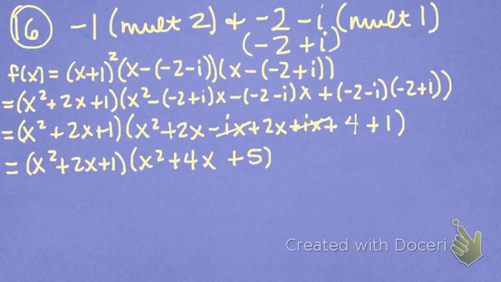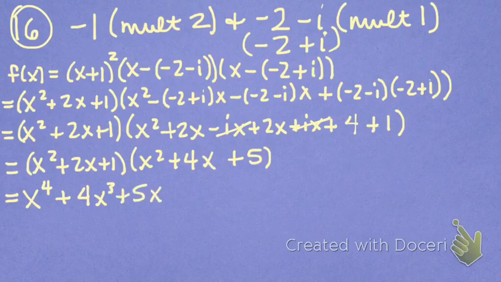I hope you guys are seeing the pattern here, how we keep having the missing ix terms, they get taken out there on that step, because that should happen every time. And then we just distribute from good old Algebra 1 days. x squared distributes across to the second trinomial and gives us x to the 4th plus 4x cubed plus 5x squared.